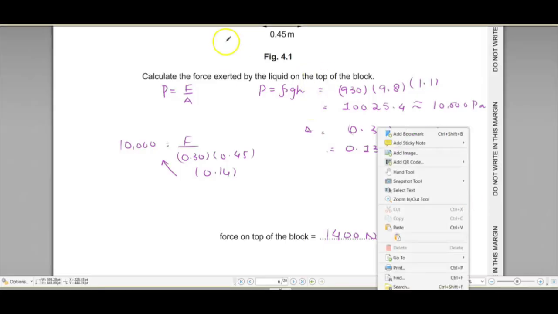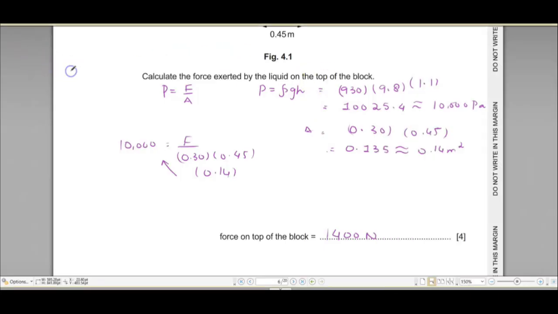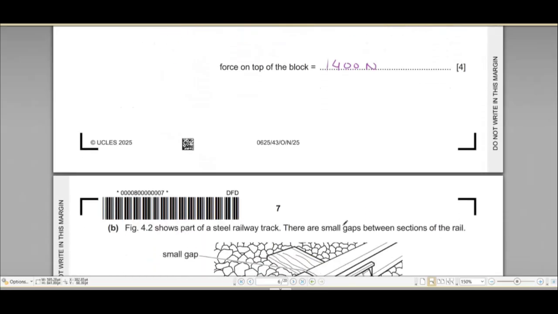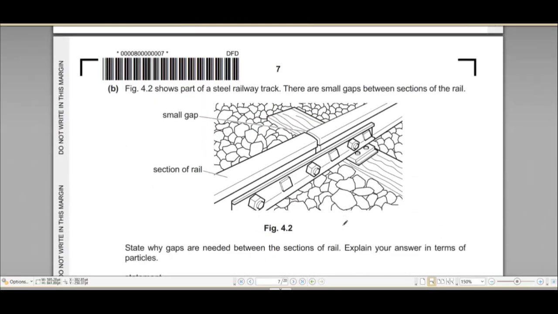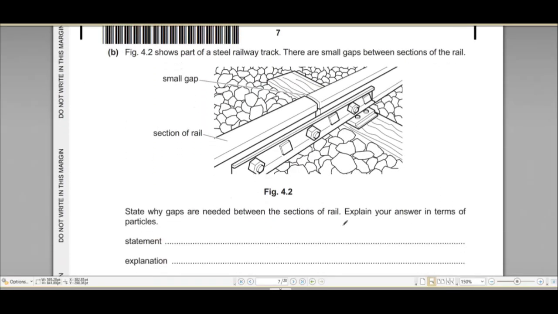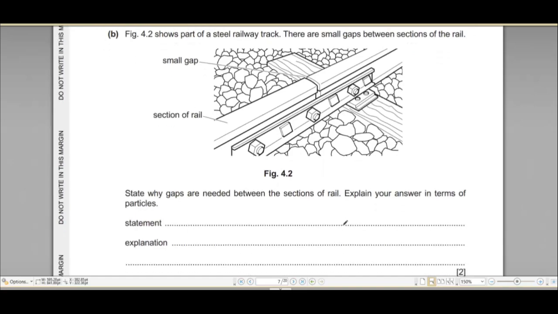Okay, I basically did all this because the answer was 1400 newtons. So if we round off our pressure and if we round off our area, then we get the correct figures, that is 1400 newtons, right? You can do it whatever you feel easy with. You can convert the answer in the end as well.